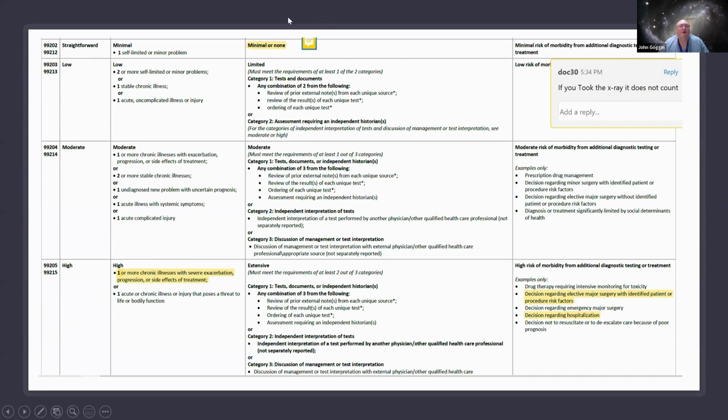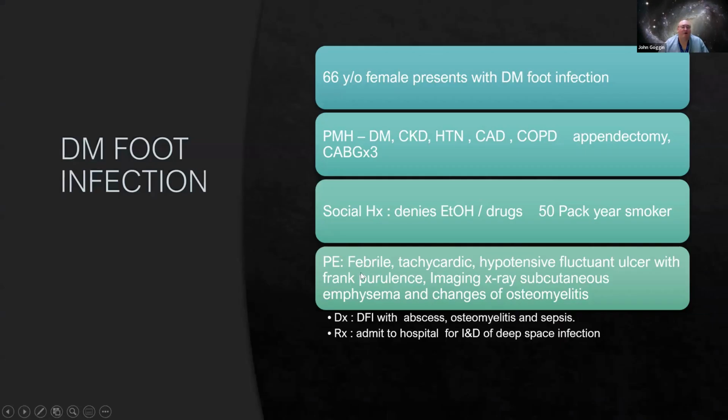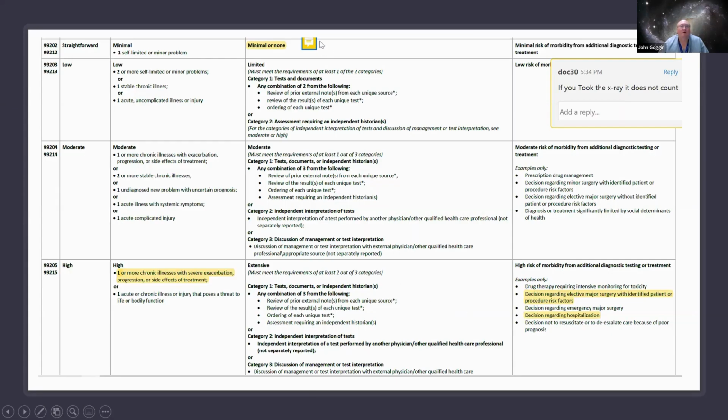You really didn't do any interpretation of tests. You didn't have any lab work or anything like that at the point that you admitted them. You're going to have a lot of that the next day in the hospital, but hospital coding is different. I did make a little note to myself to point out, we did say back there that you took an x-ray and saw some subcutaneous emphysema. You do not get points for tests that you do yourself.